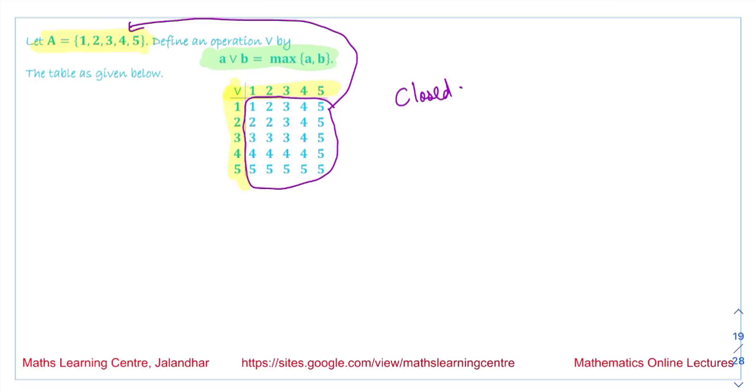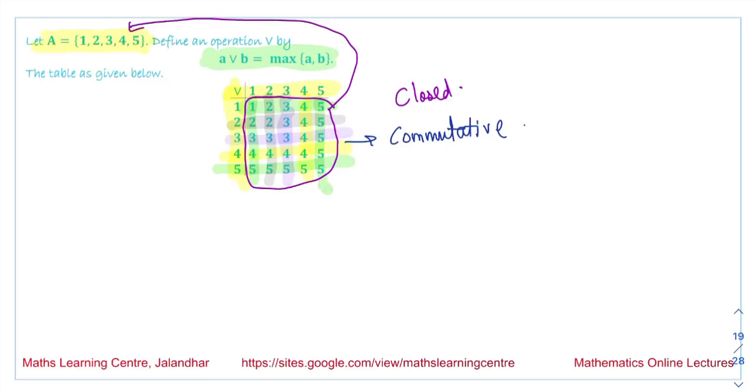Next, this first column and first row are the same. This second column and second row are the same. This third column and third row are the same. This fourth column and fourth row are the same. Similarly, this fifth column and fifth row are the same. So it means this operation is also commutative.